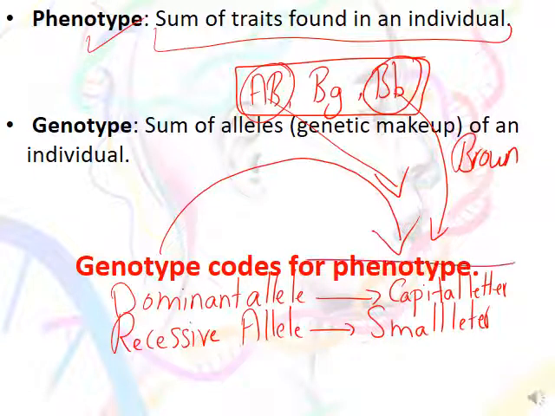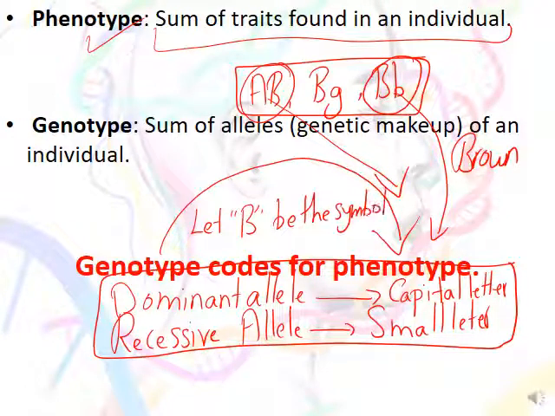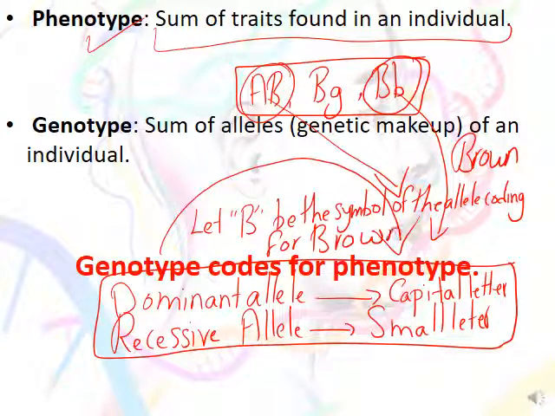So keep it in your mind whenever you have to give the symbol. For example, in the case of the brown and the blue, you have to say let B capital be the symbol of what? Not of the brown color, but of the allele coding for brown color.